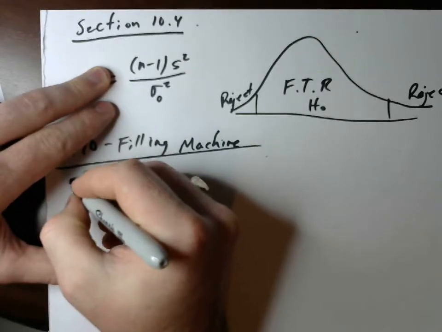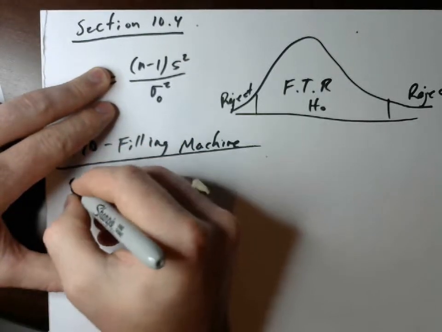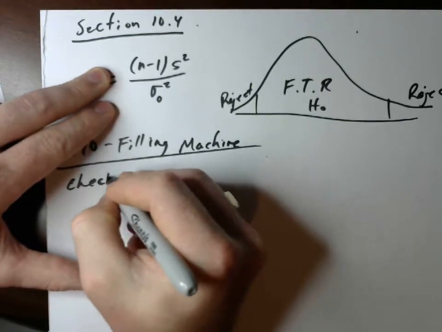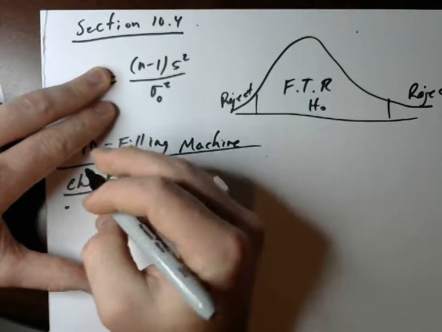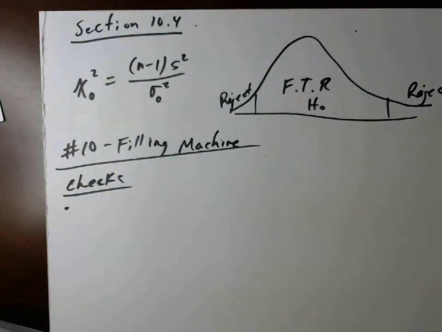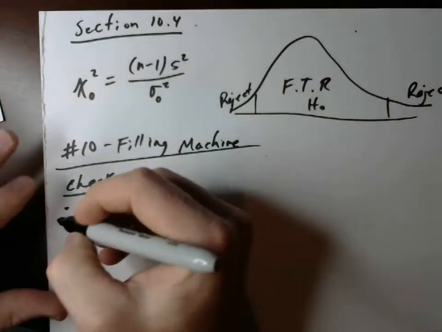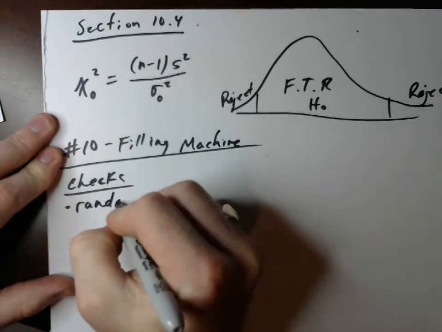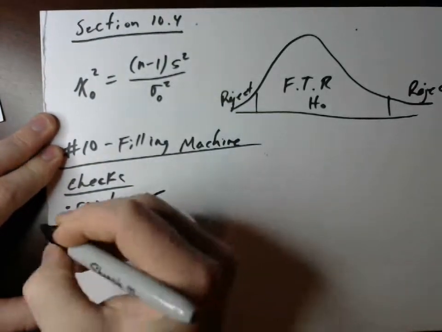The first check is that the sample is obtained using simple random sampling, and you just have to see if it is mentioned in the problem. It does say the quality control manager randomly selects 19 bottles. So it's mentioned in the problem. It is random. Good.